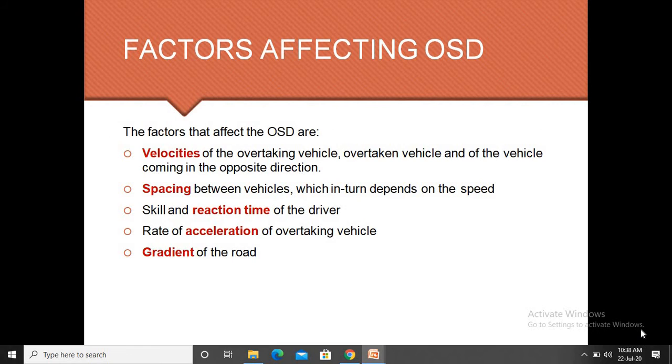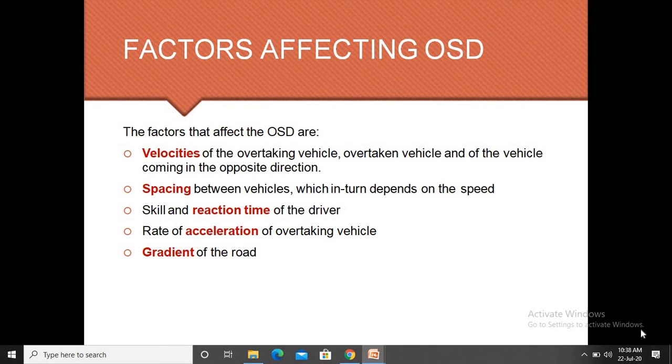Some factors affect the minimum overtaking sight distance required for safe overtaking: the velocities of the overtaking vehicle, the overtaken vehicle, and the vehicle coming in the opposite direction. So we need to check the speed of all of these, and the spacing between vehicles, which in turn depends on the speed, skill and reaction time of the driver.